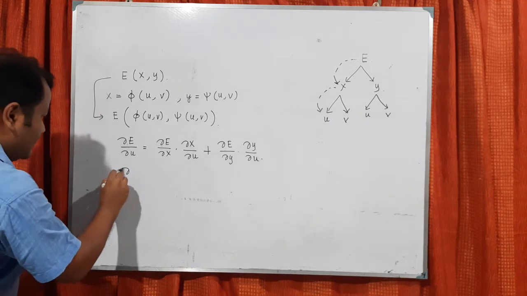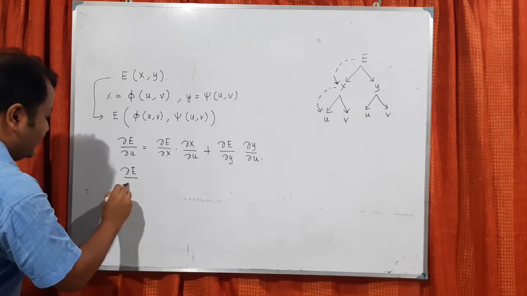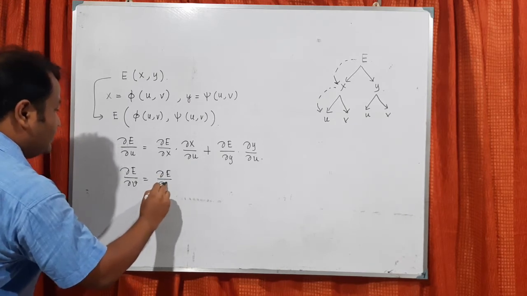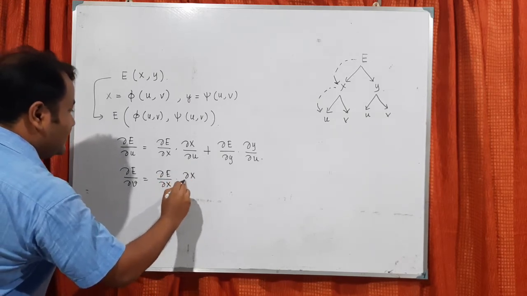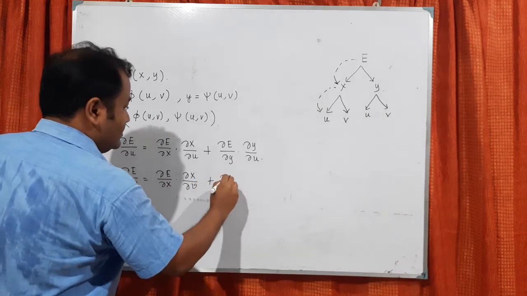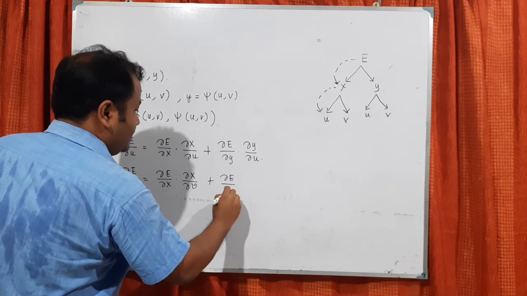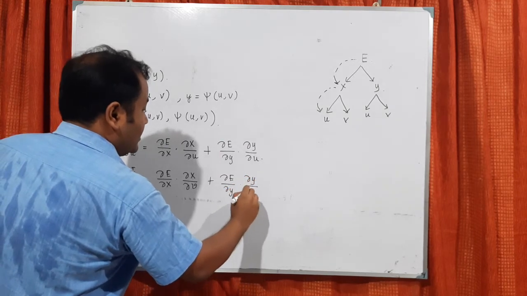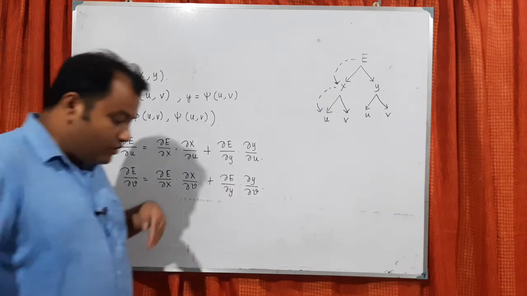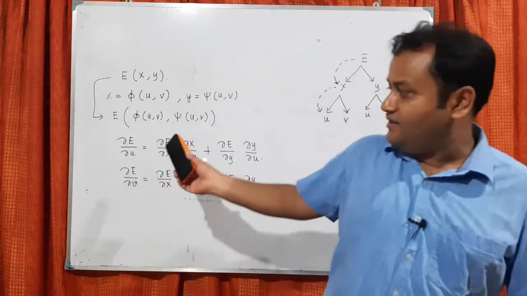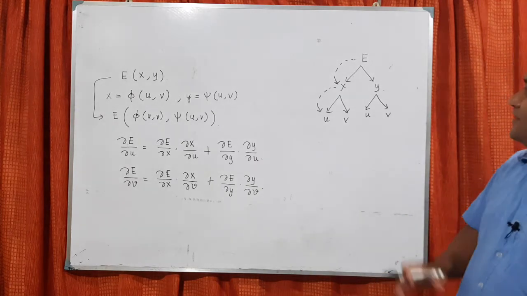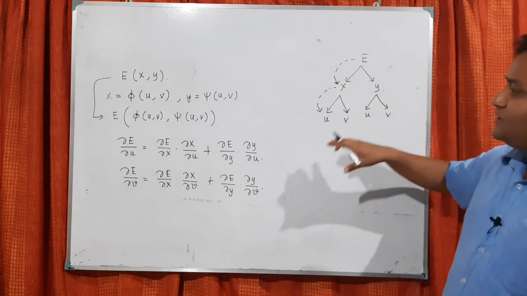Then, in the similar manner, you can find del E del v, that is del E del x del x del v plus del E del y del y del v. Without drawing the diagram, if I directly write this, it may look very horrible, but if you can draw the diagram, then the calculation will be easy.